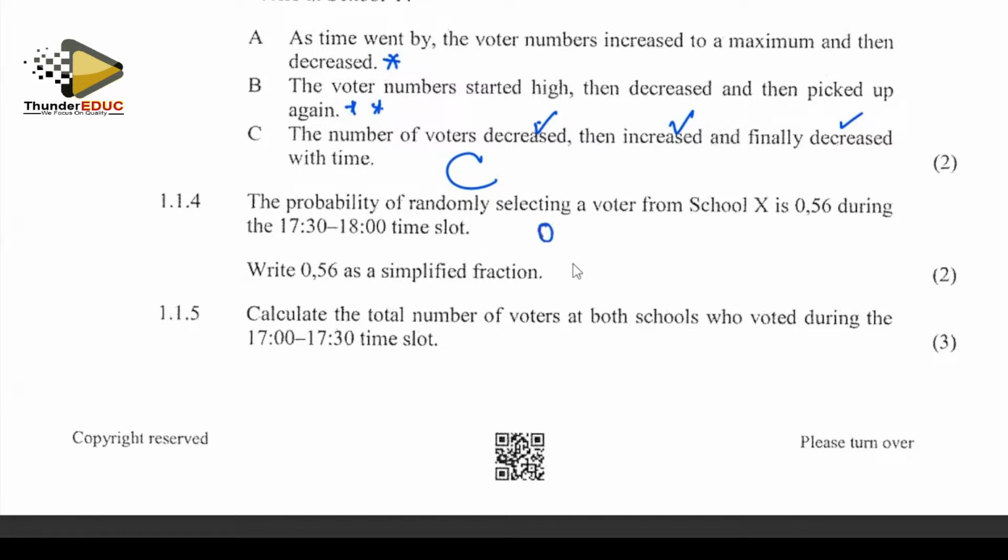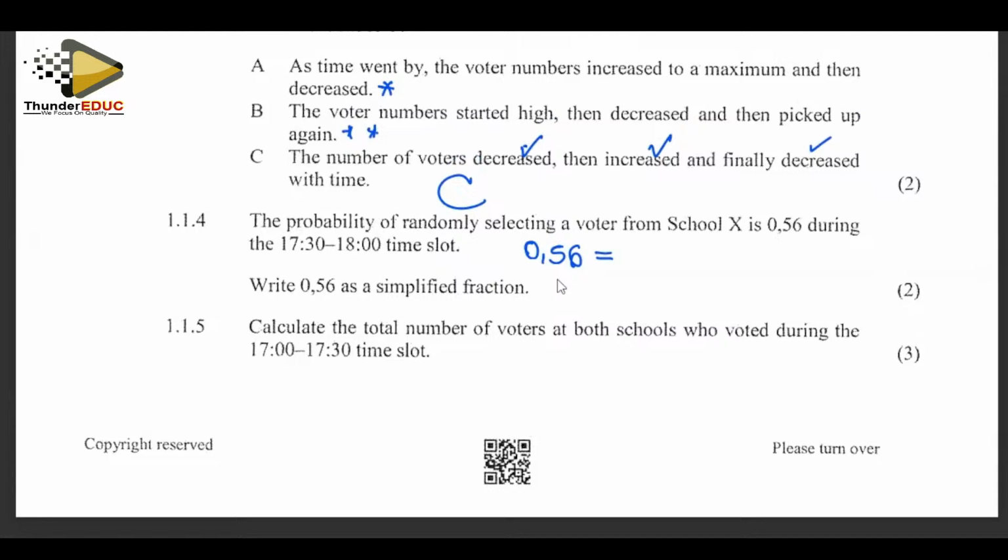Those who don't know, just put this in your calculator and press equals. If it remains as a decimal, you press the fraction key, and it will give you the simplified form as 14/25. Others began by taking this and putting it over 100. Still, you get the answer. This was supposed to be the final answer.